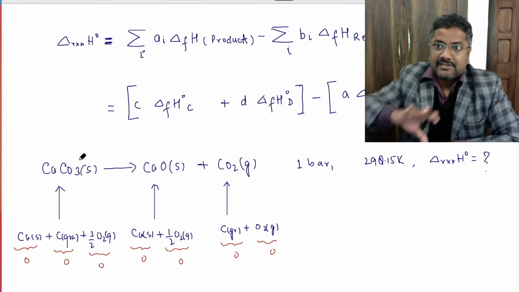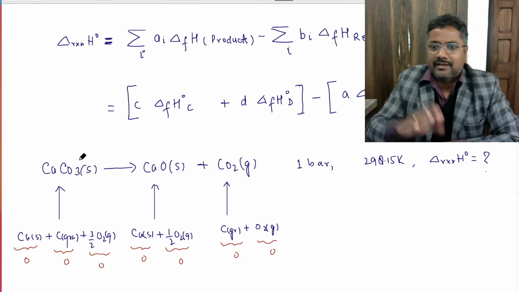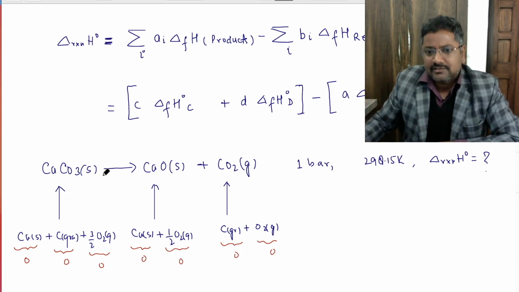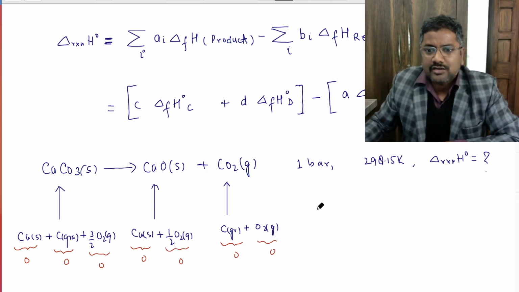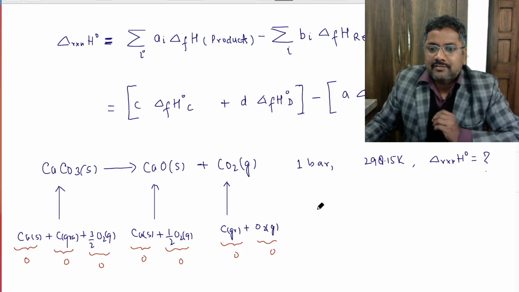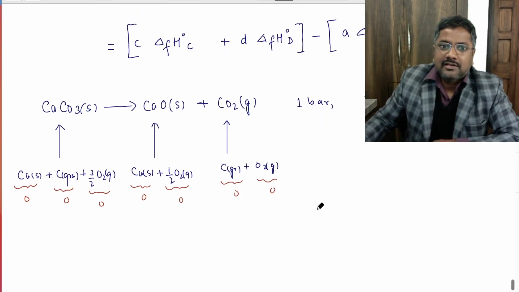For simplicity at your level, we define enthalpy of combustion, enthalpy of neutralization and other processes, with some little differences. But this is the more general form, and you can calculate the enthalpy for a given reaction in terms of enthalpy of formation.